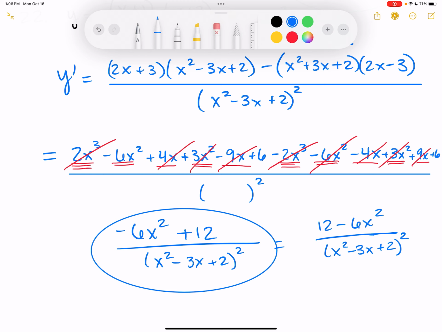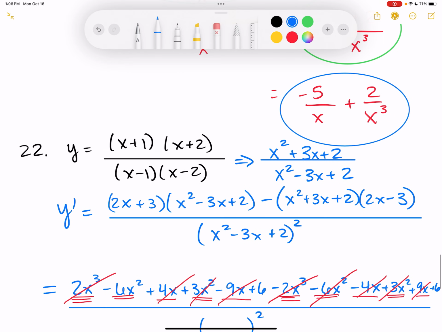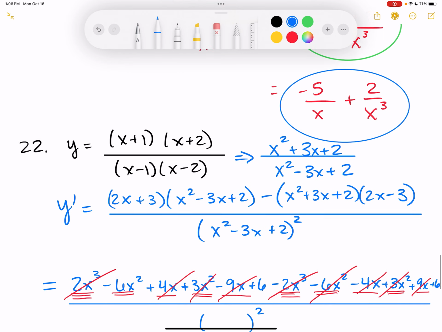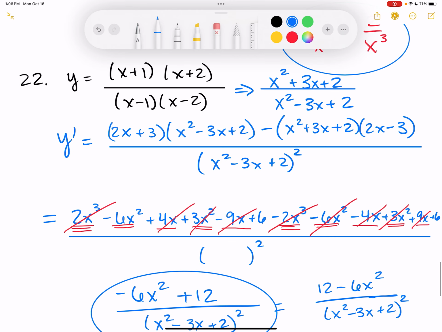When you can do that and things cancel nicely, they're not really that bad. However, when they don't cancel, or when you get to the point where you have to start factoring stuff out, like hypothetically, if this had given us something up here that could have factored into x minus 1 or x minus 2 by the time we were all done, then I would have rewritten the bottom as x minus 1 and x minus 2, because then you could have crossed it out.